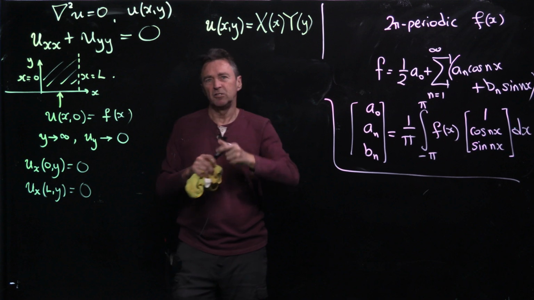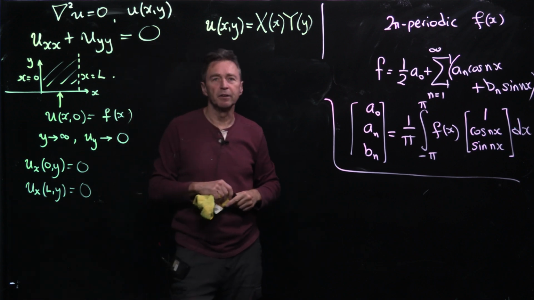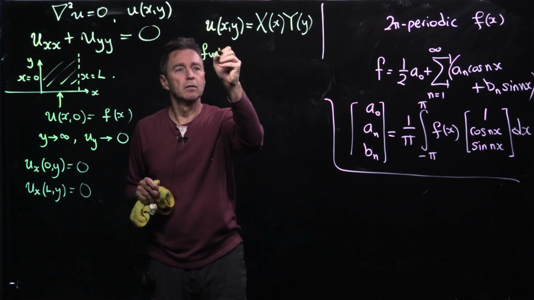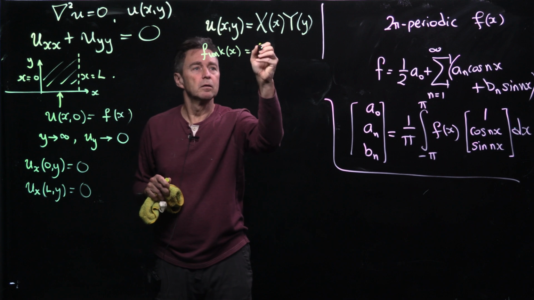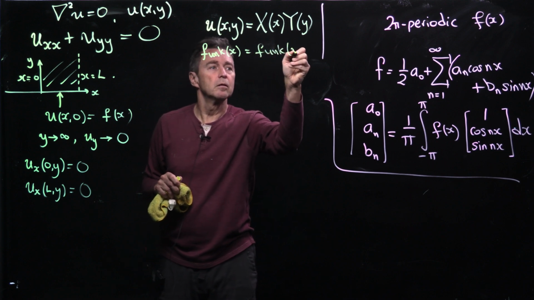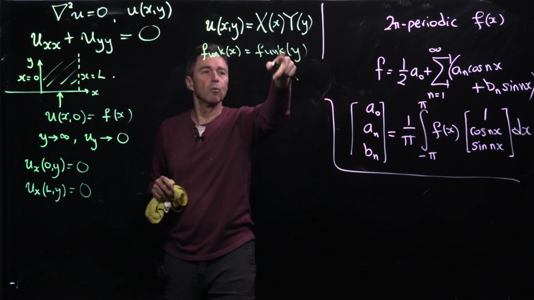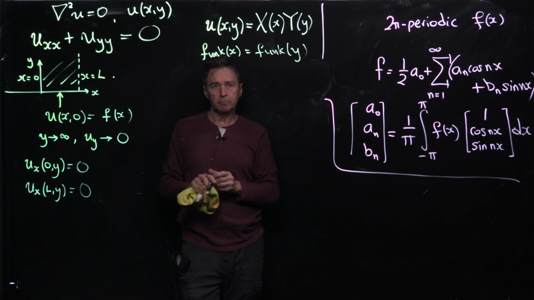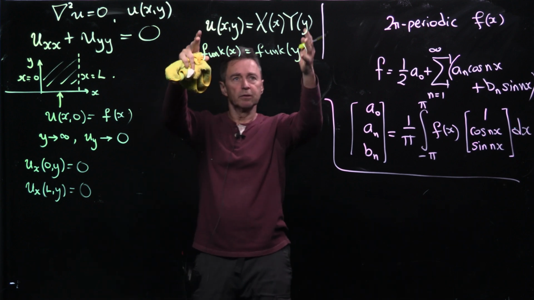I'm going to take that, shove it in there, and reorganize it so I get a function of x and a function of y. The only difference is that I've got y's instead of t's in this problem compared to the previous one. Okay, so that's the first step.